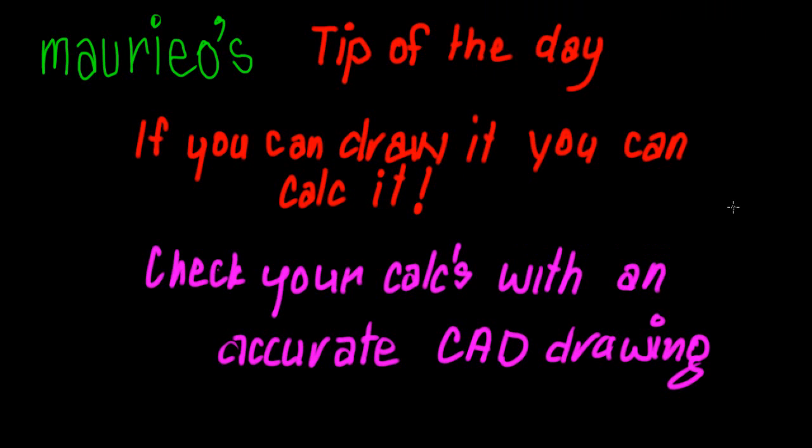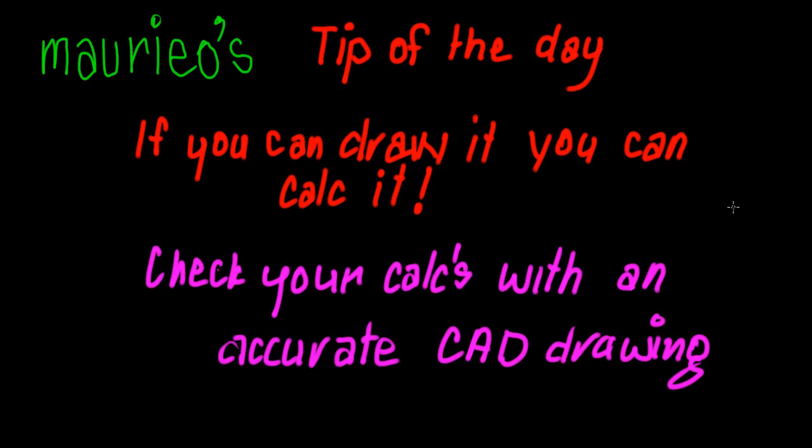As simple as that may sound, it is quite a good tip, because if you're having difficulty with a problem, first work out how you can draw it and then follow the drawing process; you can calculate it by following the same process.